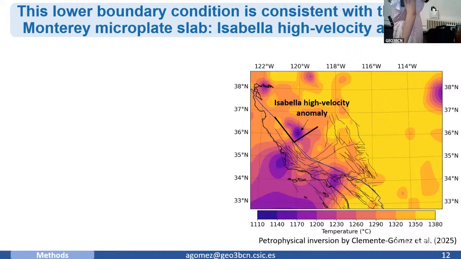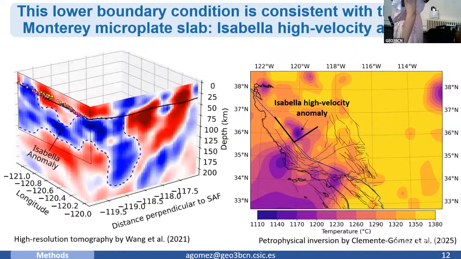So here you see the temperature in my lower boundary. It's heterogeneous. You see the colder regions here associated with the ocean, but also here we have the Isabella high velocity anomaly, which is a fragment of this fossil Monterey microplate, which was subducting here 30 million years ago.